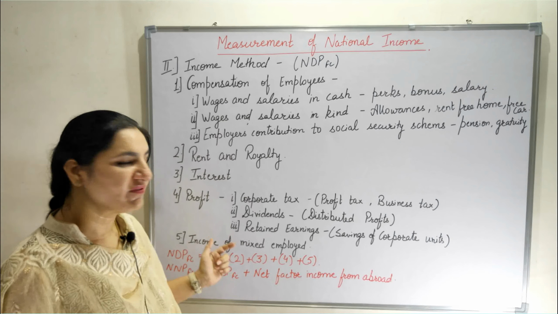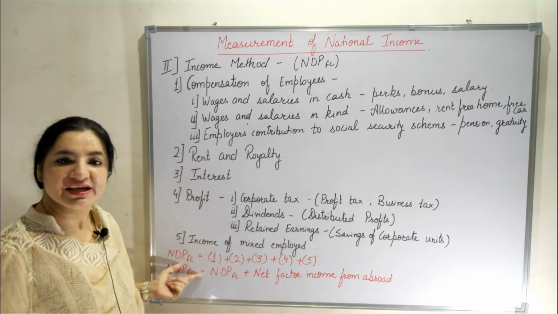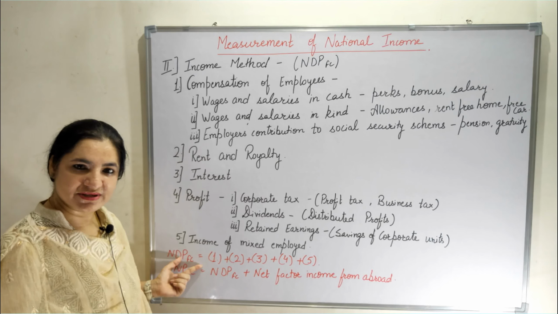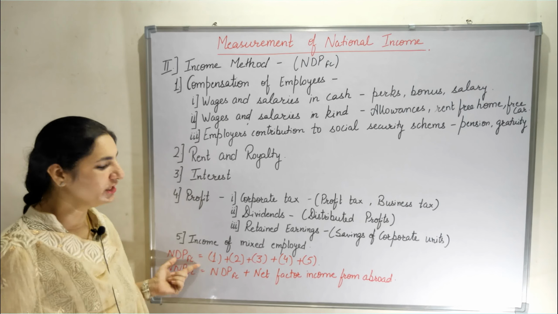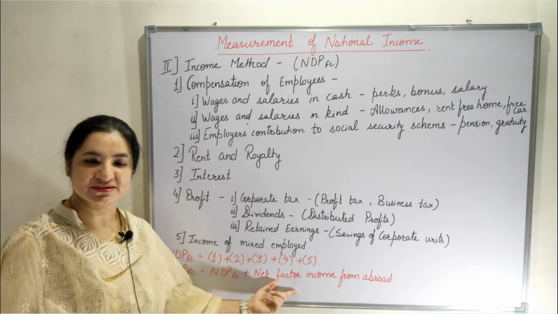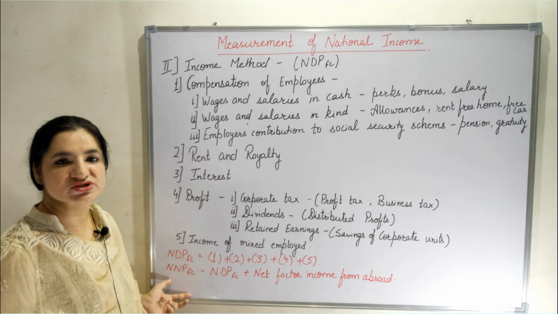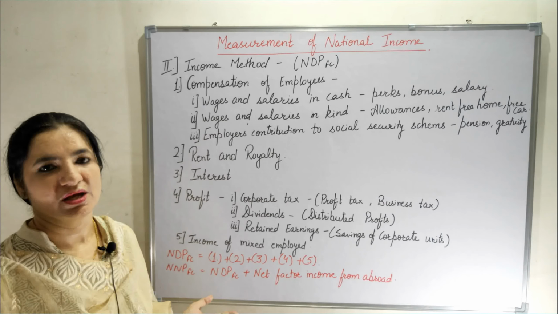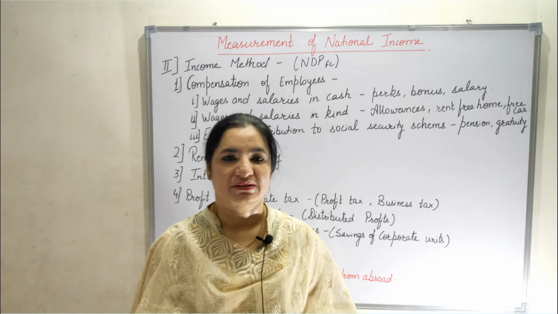When we add all these five items, we arrive at NDP at FC, which is called domestic income. Then to NDP at FC, we add NFIA, that is net factor income from abroad, to arrive at national income, which is NNP at FC. So I hope you are able to understand the income method.